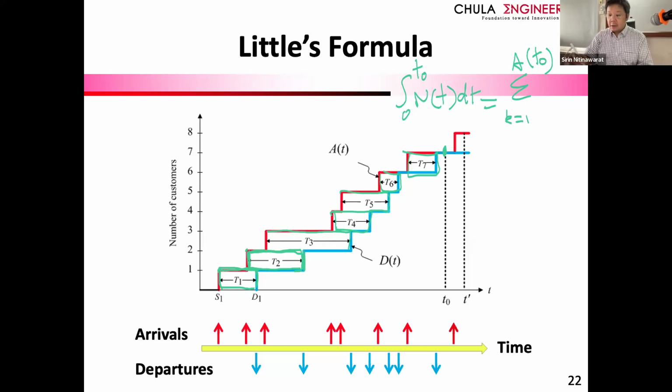By the time T0, 7 customers have arrived. Correct?